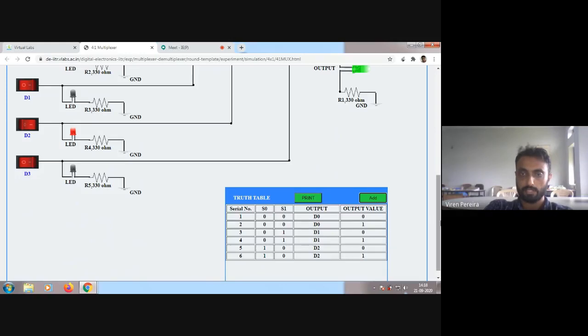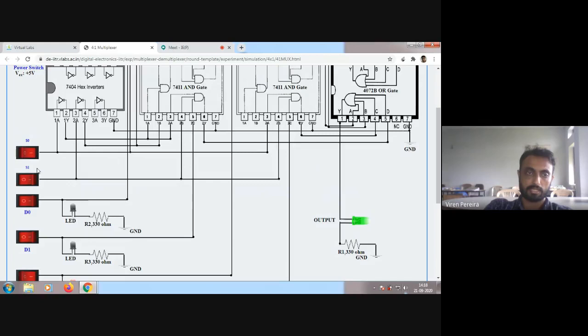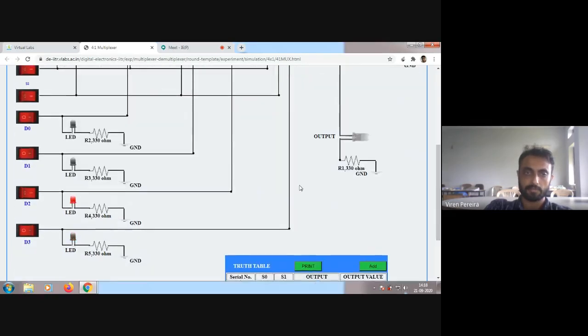Then the last case, both are equal to 1. No matter what is turned on, D0, D1, or D2, it will only react with D2.